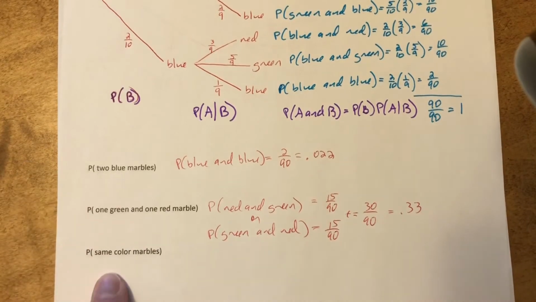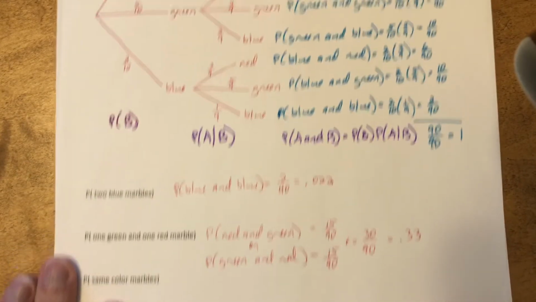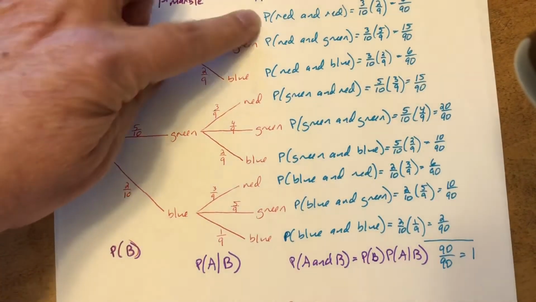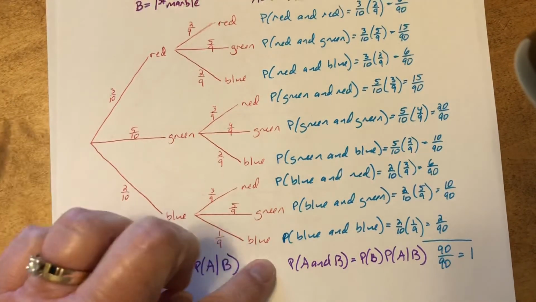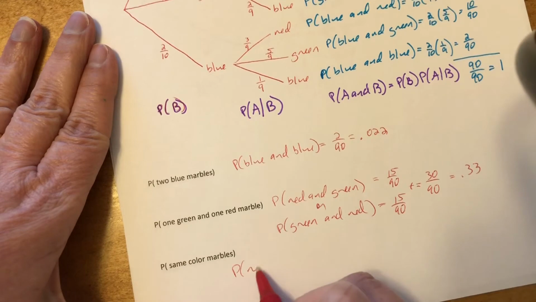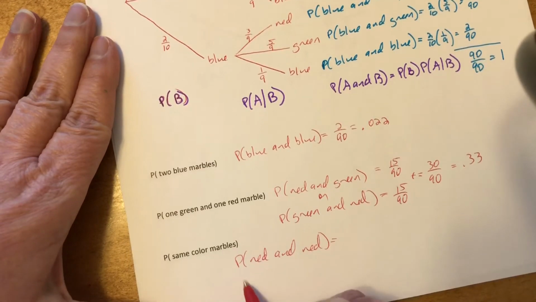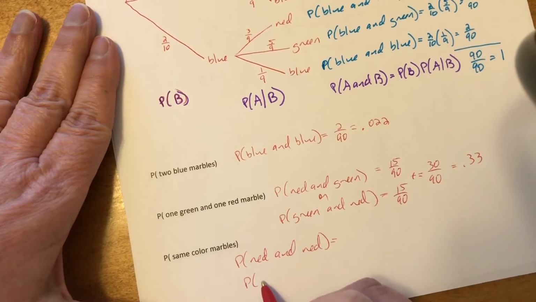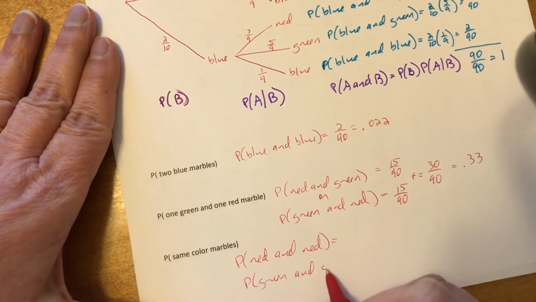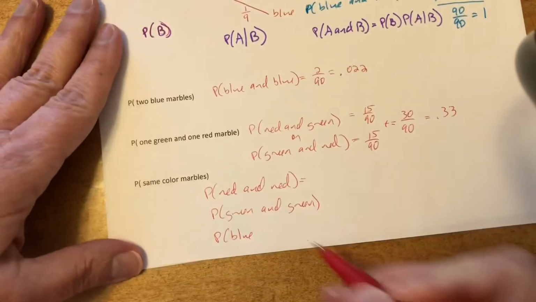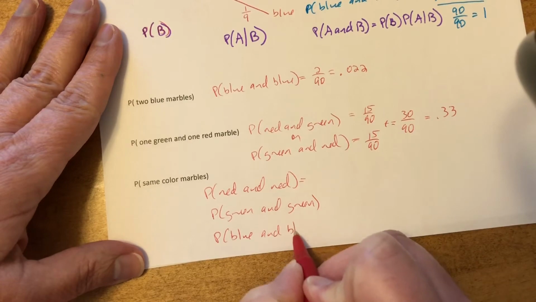All right, last one. What's the probability I'm going to get the same color marble? Okay, so same color marble. I want red, red, green, green, or blue, blue. Okay? So I'm going to do the probability of red and red, probability of green and green, and the probability of blue and blue. And again, I have them all up there.